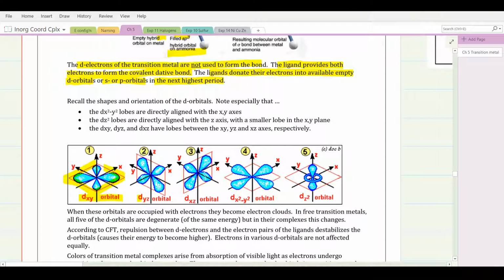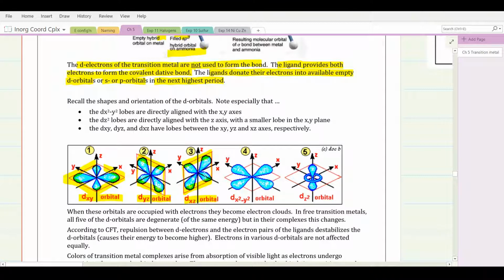Similarly, the dyz orbital has lobes or electron density in the yz plane, but again not on the y or the z axis, but rather in between them. The dxz orbital has lobes where electrons can reside in the xz plane, but again between and not on the x or z axes.